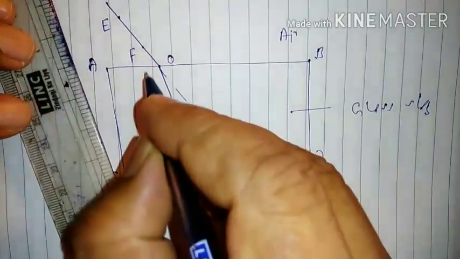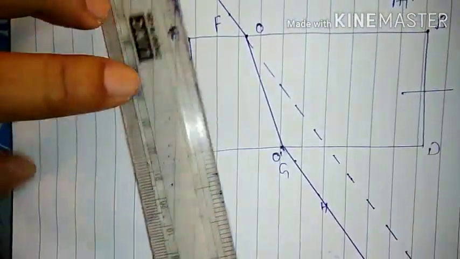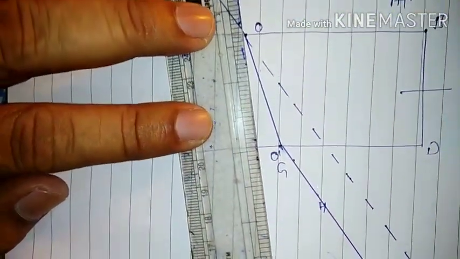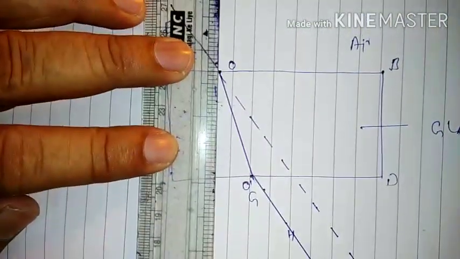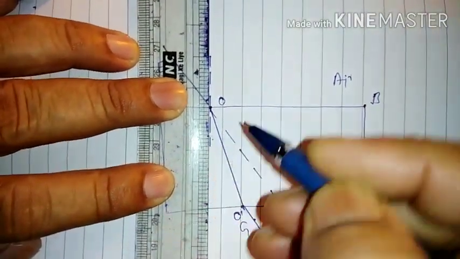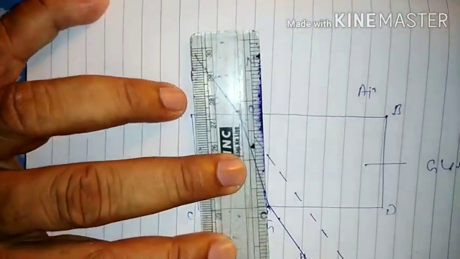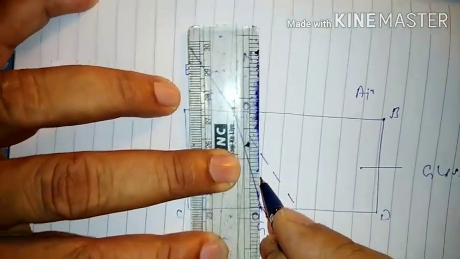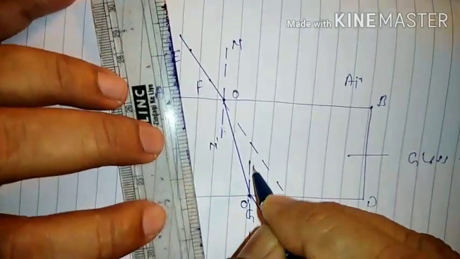We draw a normal at points O and O dash with the help of our protractor or compass. So suppose this is the normal at point O. Suppose this normal is N dash, and at this point O dash, this normal is M dash.